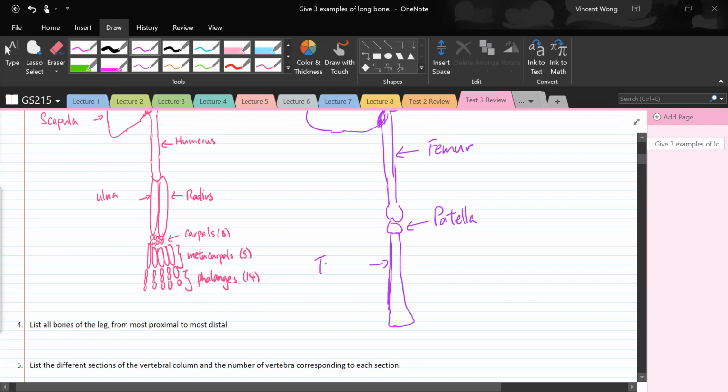That would be the tibia. And on the side, we would have the fibula.